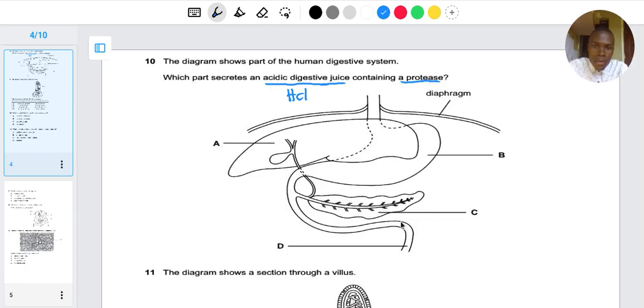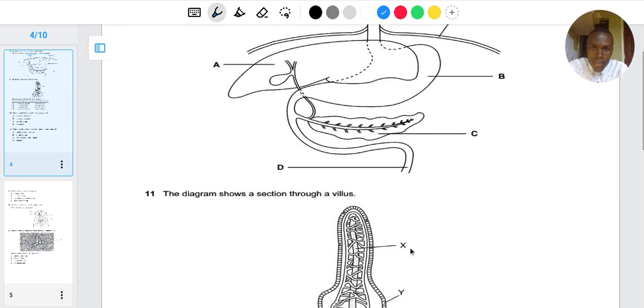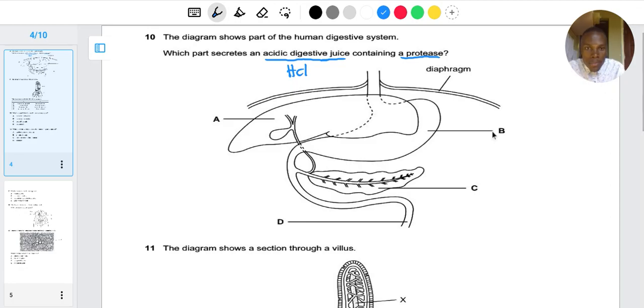We also have the pancreas, which produces the pancreatic juice, as well as hormones like insulin and glucagon. We also have part D, which can be the jejunum, because this one can be the duodenum and this one the jejunum. So what is going to be the answer? The answer is going to be B, which is the stomach.